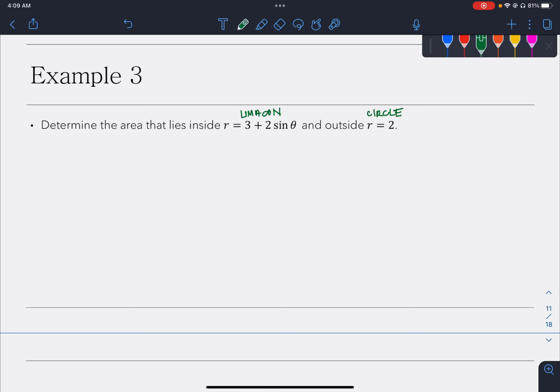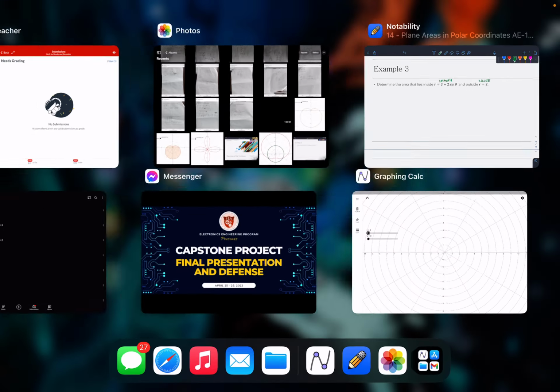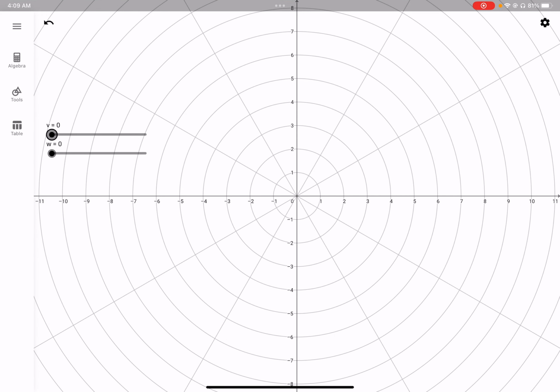However, I'm not going to show the table anymore, but we'll do the graphing right away, using this tool, the limacon, r = 3 + 2 sin theta.